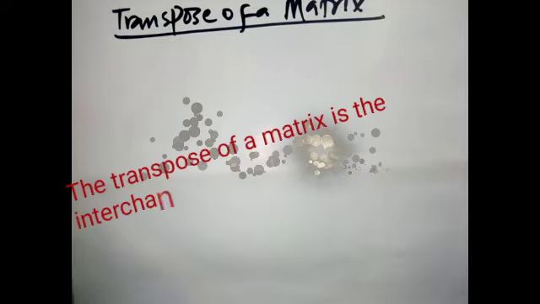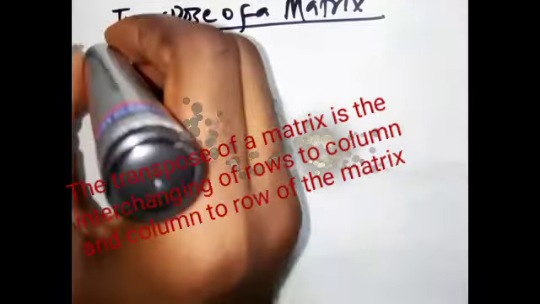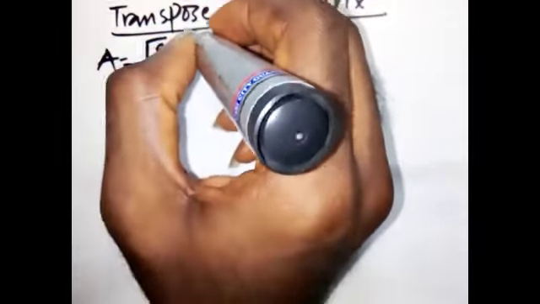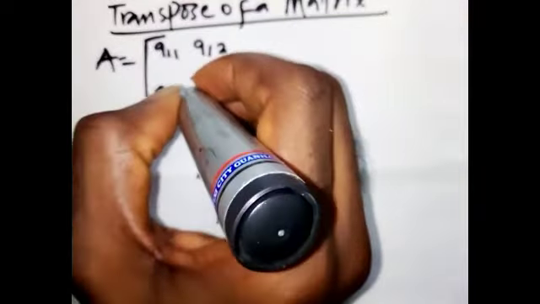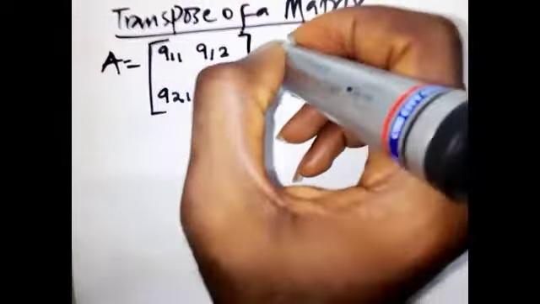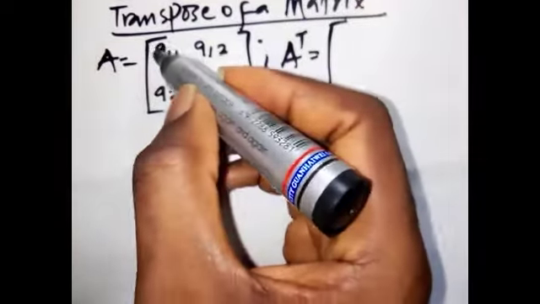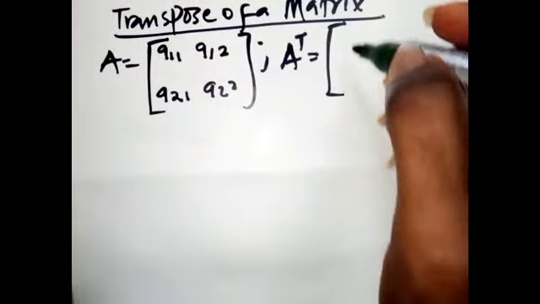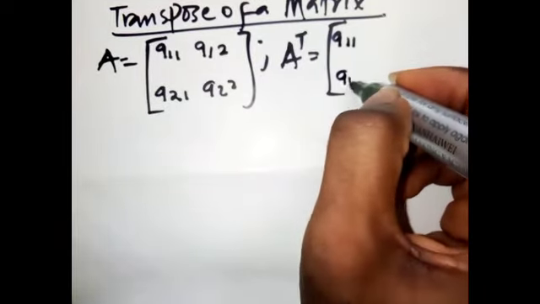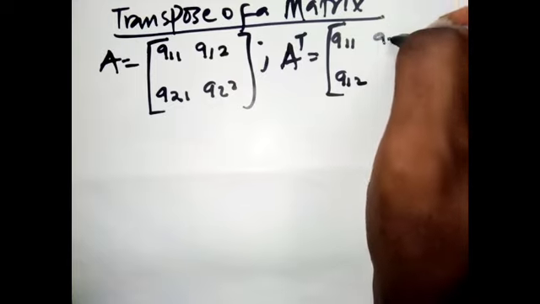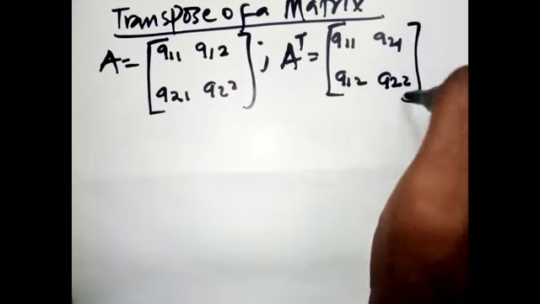The transpose of a matrix is the interchanging of rows to columns and columns to rows. That is, given matrix A equal to A11, A12, A21, A22, the transpose of matrix A would be taking the first row to represent the first column, A11, A12, and taking the second row to represent the second column, A21 and A22.